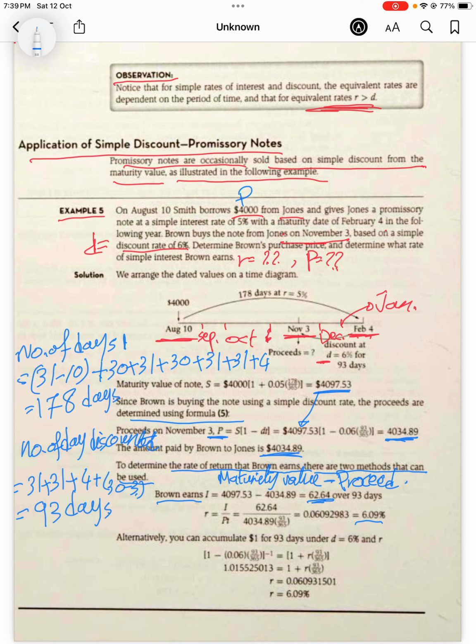Alternatively, you can calculate for $1 accumulated for 93 days under D equals 6%, and R can be calculated by this formula: 1 minus dt to the power negative 1 equals 1 plus RT. And find R. Then multiply by 100, and you will have the answer by putting percent, since it is an interest rate.